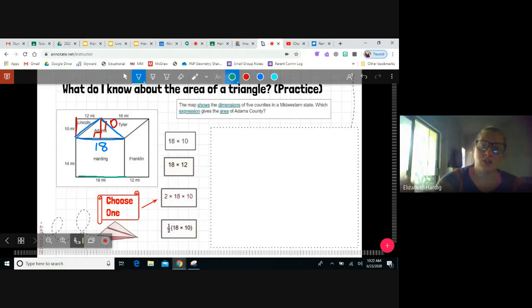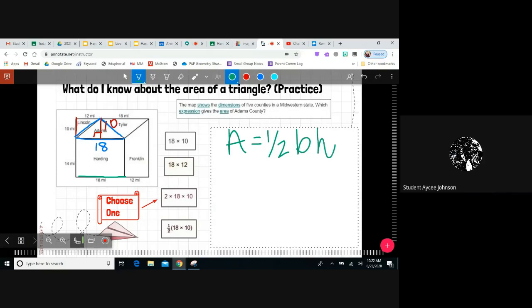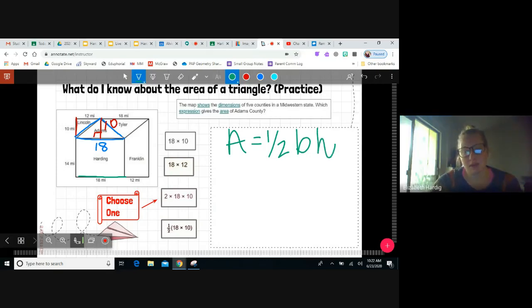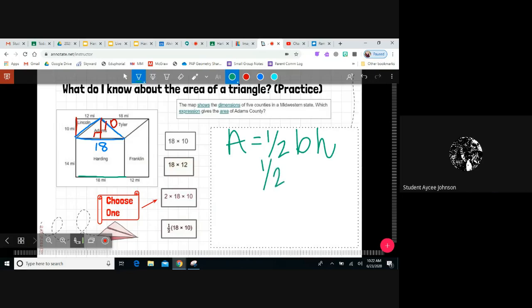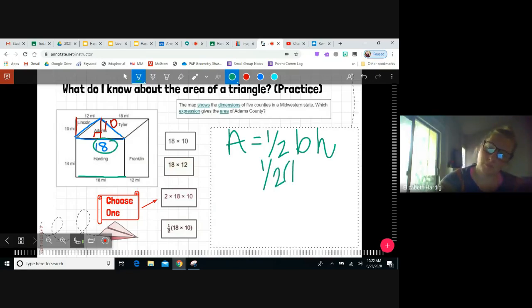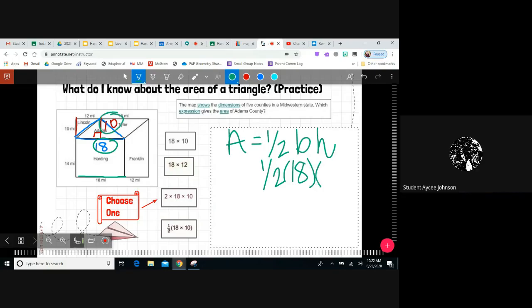So for my extension, I'm going to substitute the values into my formula. So my formula for area of the triangle is 1/2 the length of the base times the height. So my base is 18 feet, and my height was 10.